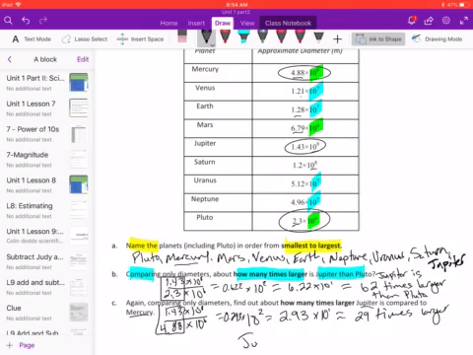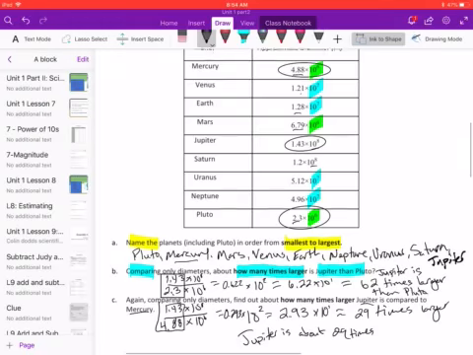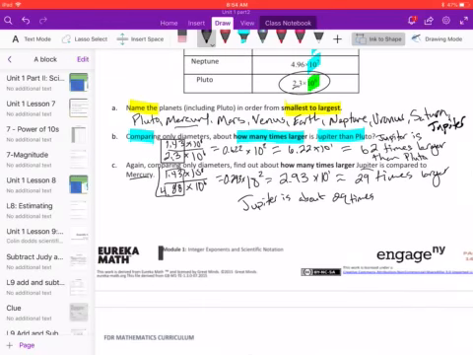So my answer statement is Jupiter is about 29 times larger than Mercury. So I gotta move that up, it's hard for me to write. Times larger than Mercury.